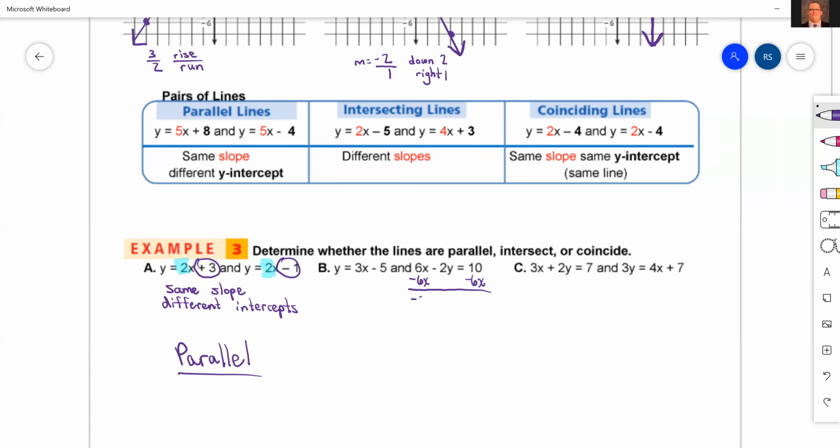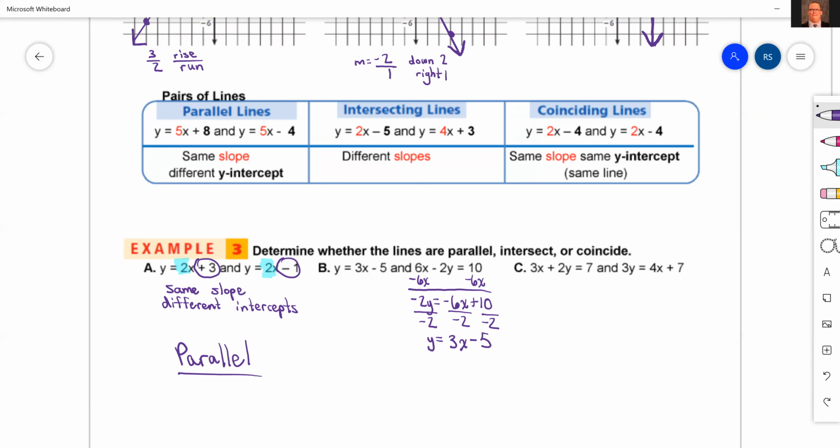It's going to give us -2y equals -6x plus 10, divided by -2. We're going to get y equals -6 divided by -2 is 3x. 10 divided by -2 is -5.